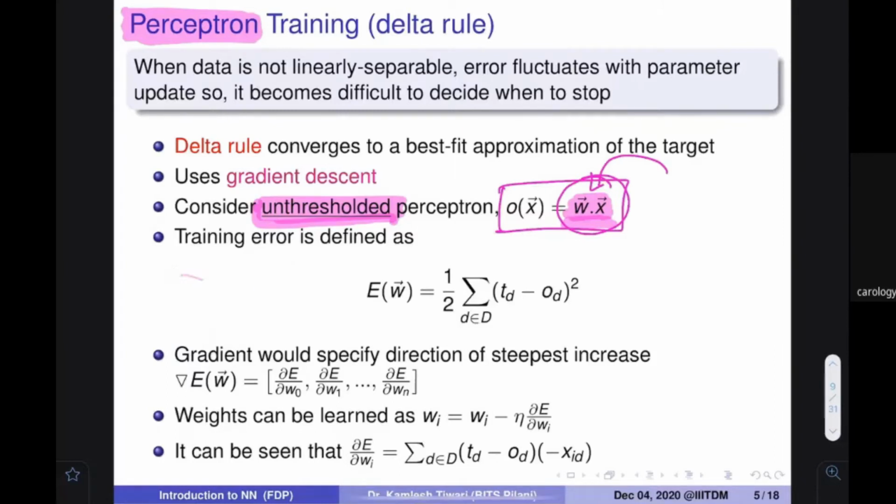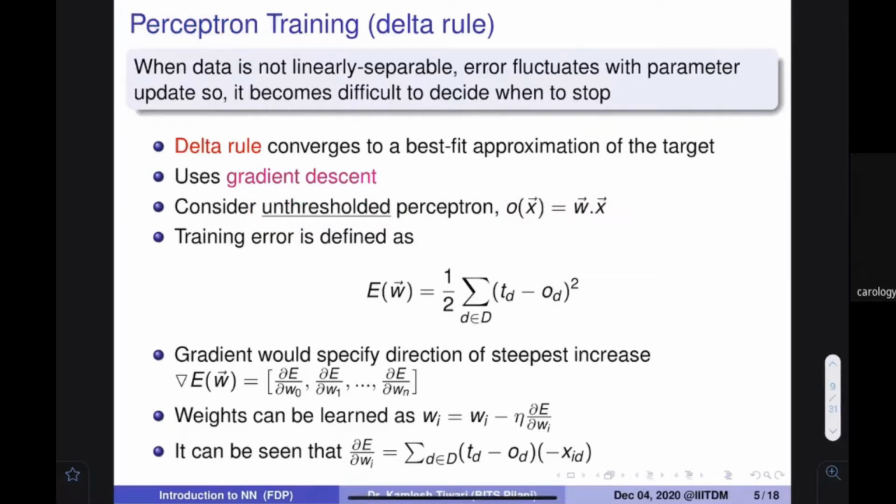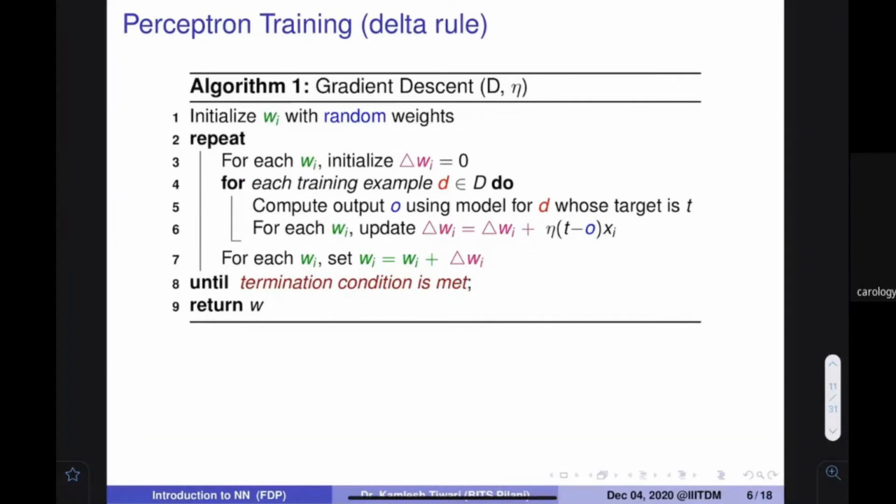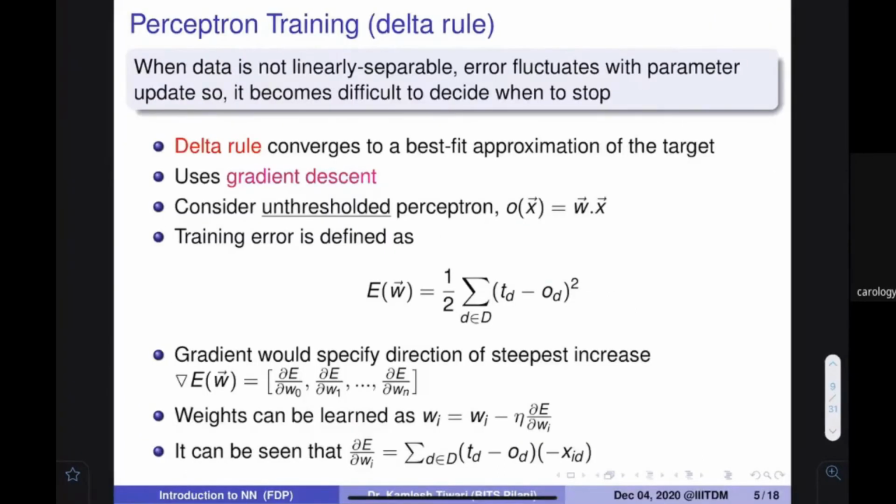If you don't understand, I can repeat it once again. Should I repeat it? Say yes or no. Okay, I need yes from your side. Please understand. I have a perceptron.